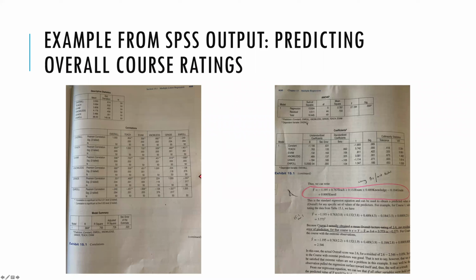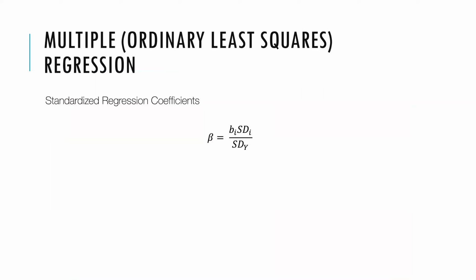So now everything's in standard deviation units. And the same thing, you only interpret the significant ones. So teach and knowledge. This is how we calculate standardized regression coefficients. We just take the b times the standard deviation of x divided by the standard deviation of y.